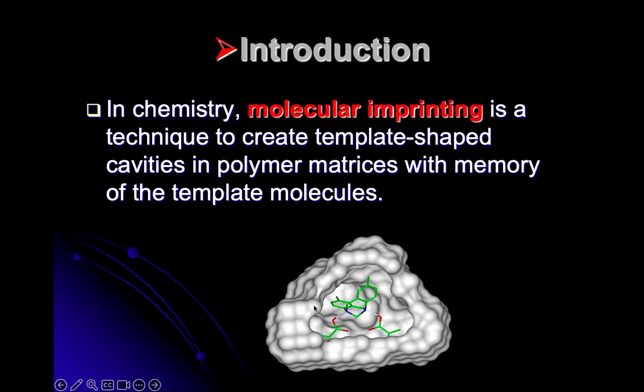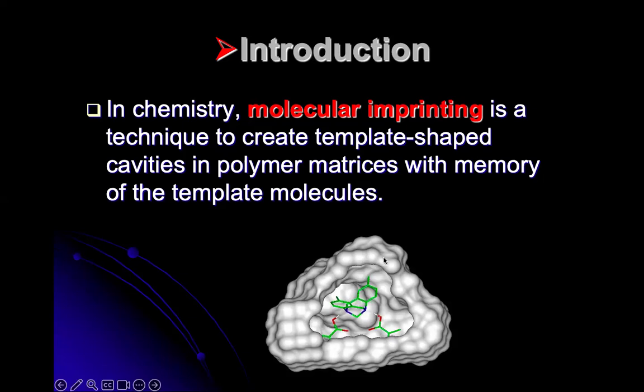The polymer contains cavities that are created. That's why I mentioned just now that this MIP, molecular imprinted polymer, has to be specifically designed. You cannot just buy a C18 column, for example, where you just get the silica bead modified with certain functional groups. This imprinted polymer has to be designed.